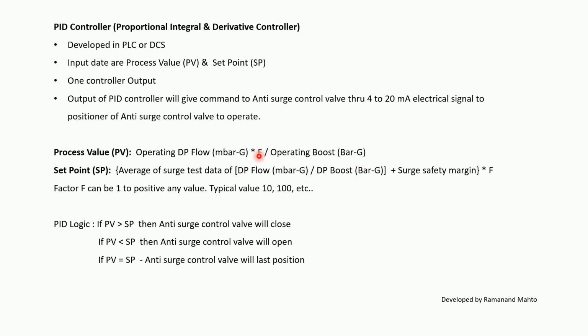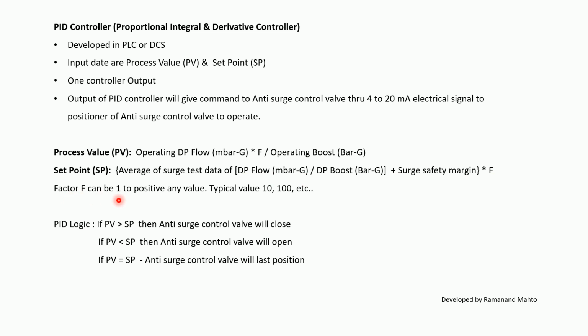The factor F is multiplied to make this number larger. Set point will be the average of surge test data of DP flow millibar gauge upon DP boost bar gauge plus surge safety margin, into the same factor F to make it again larger.